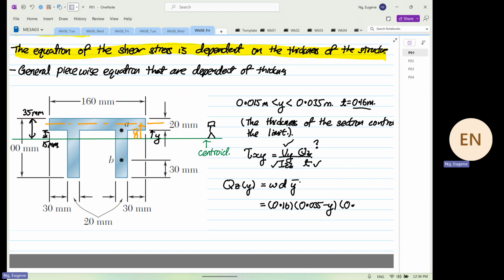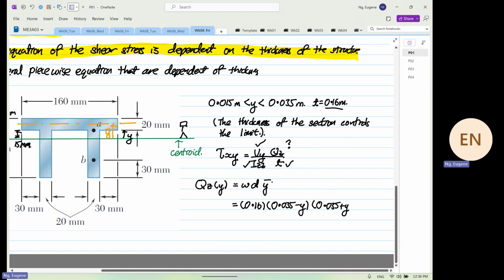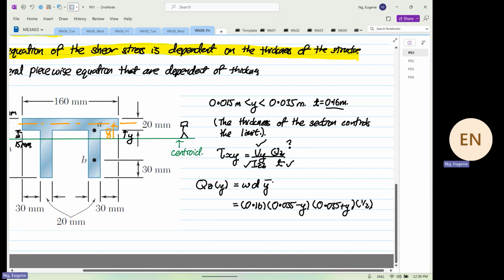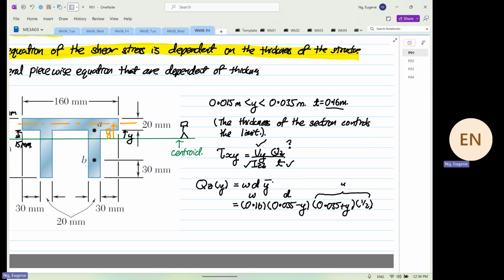And the next one will be 0.035 plus y multiplied by half. So this is our width, this is our depth, this expression over here, and this is our y bar.